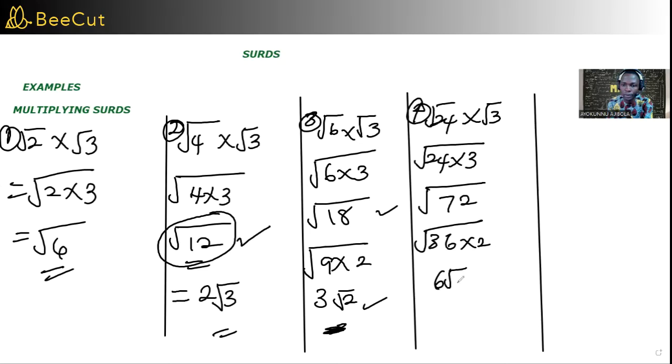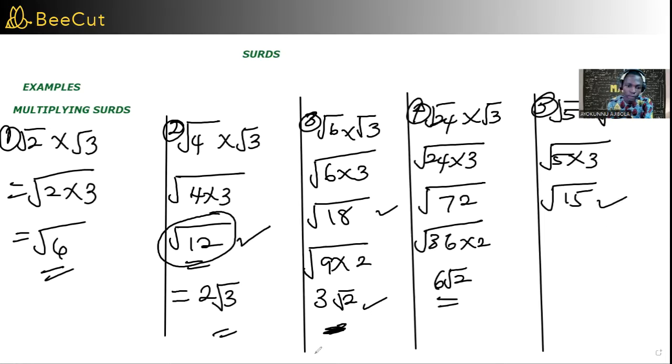That will be 6 root 2. Number 5, I have root 5 times root 3. That will be root 5 times 3, and that is root 10. This time around we can't split that. So I believe that is clear.